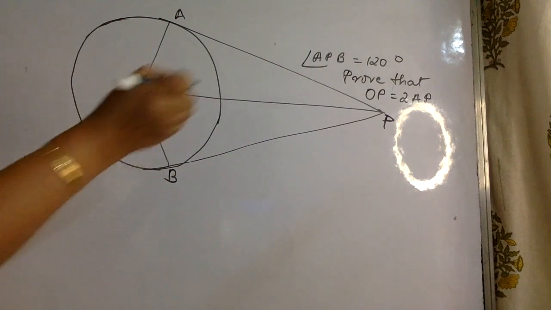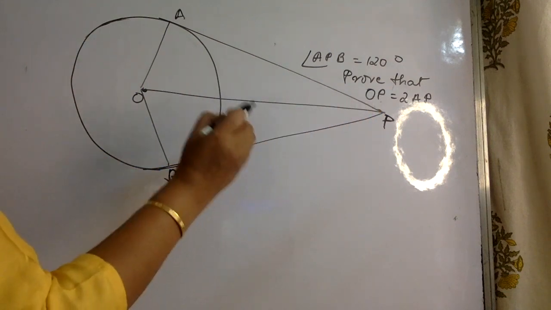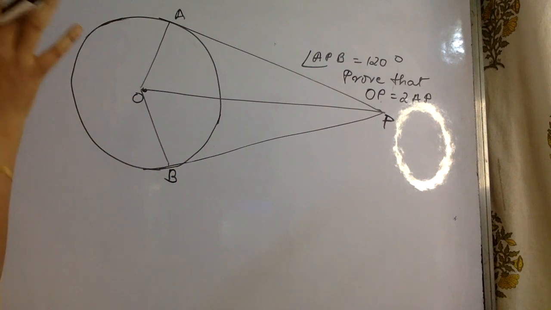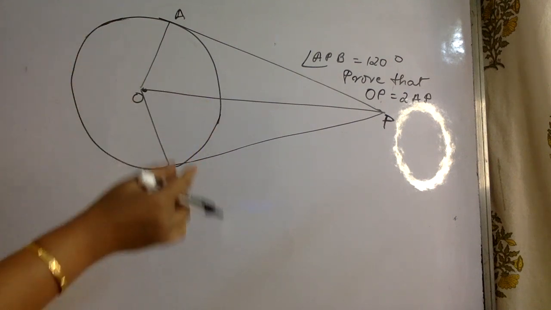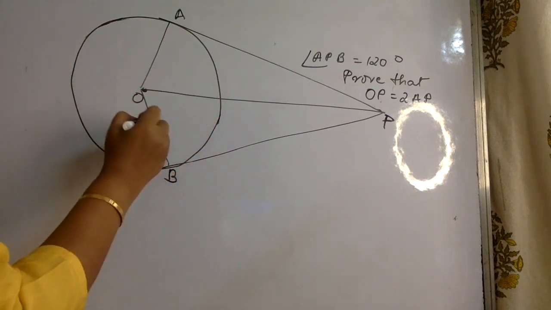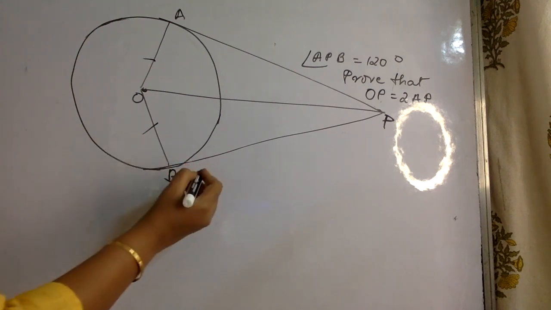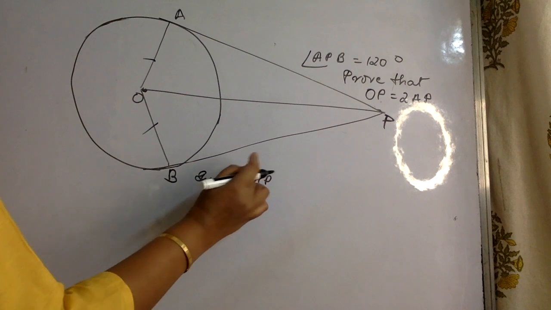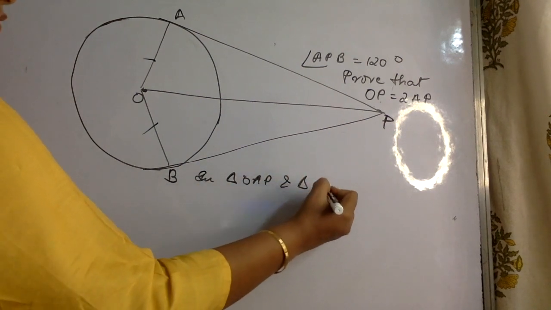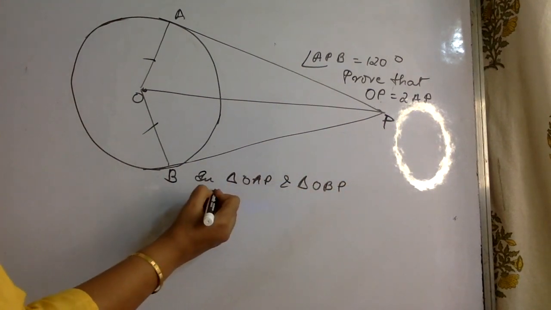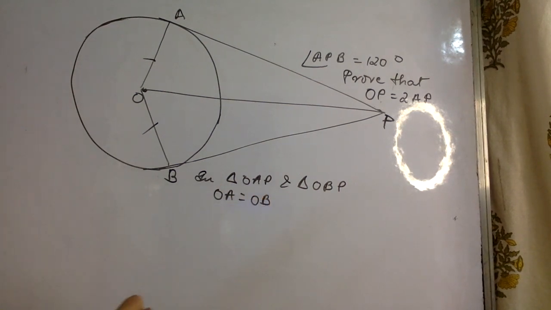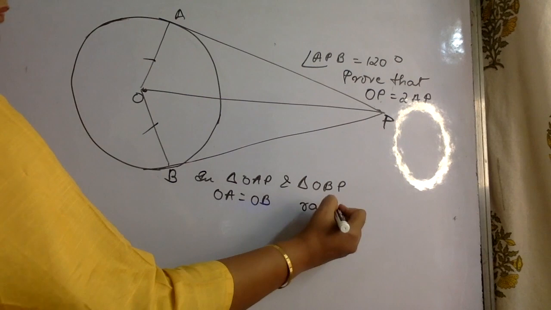Now whenever this kind of a thing comes, remember one thing, first we'll have to prove congruence here. Not that we can't work with it as a known fact, but we are not going to prove that. Between these two triangles, radius equal. So in triangle OAP and triangle OBP, OA is equal to OB, the reason is radius.